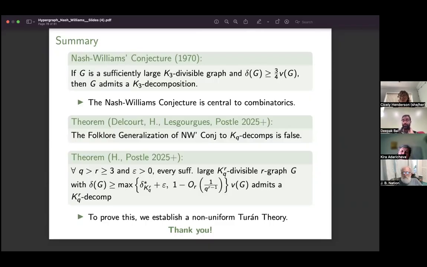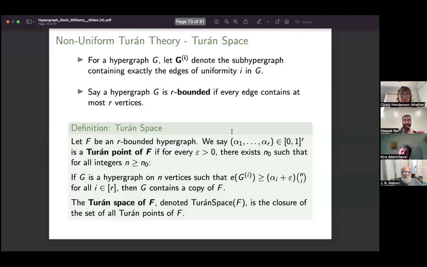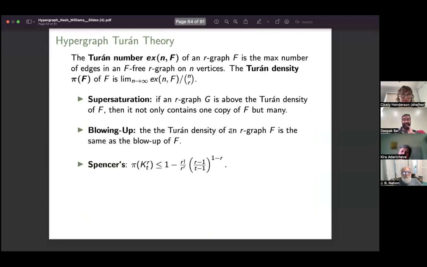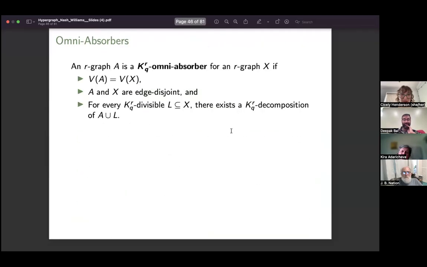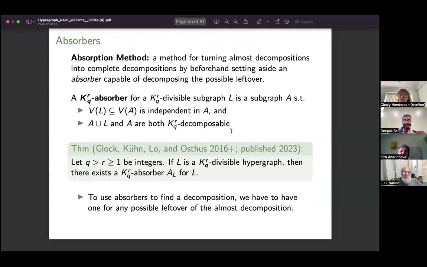Let's see if I can remember all of them. So, in terms of absorption, yes, you are absolutely right. This concept has been around for quite a while. Let me see if I can find that slide. One second. There we go. The concept of absorption has been around for quite a while, at least since the early 2000s.